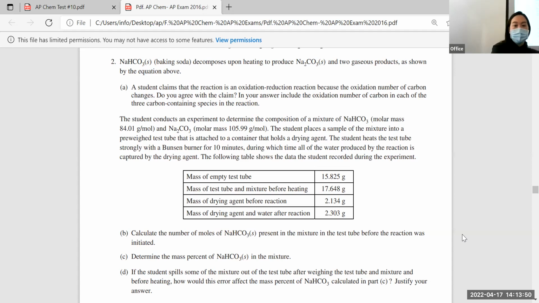The table shows the data the student recorded. Calculate the number of moles of baking soda present in the mixture in the test tube before the reaction was initiated. So we have the mass of the test tube and mixture before heating, the drying agent, and the mass of the drying agent and water.